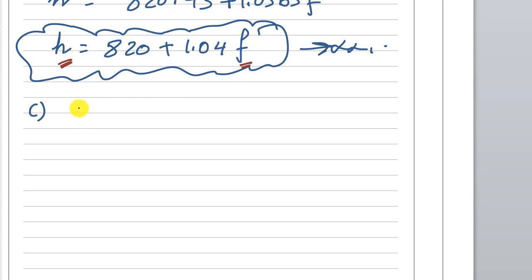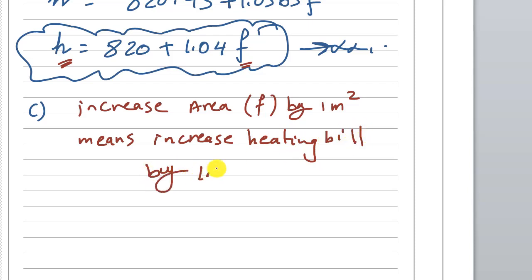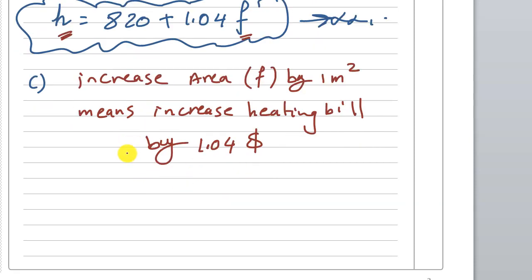So increasing area, which is F, by 1 square meter means increasing the heating bill by $1.04. This is part i.